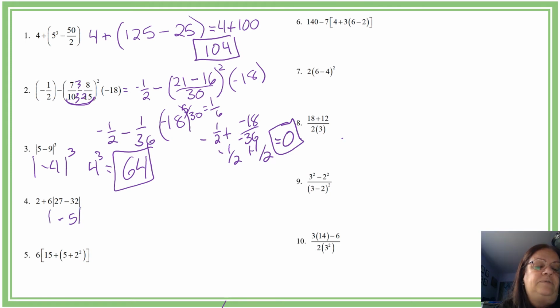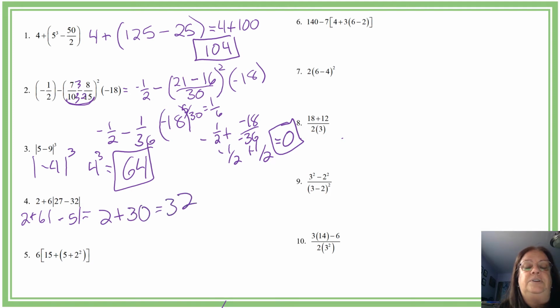We're putting an absolute value around that. So now I have 2 plus, well, the absolute value of negative 5 is 5, right? Times 6, 5 times 6 is 30. So I have 2 plus 30, or 32.